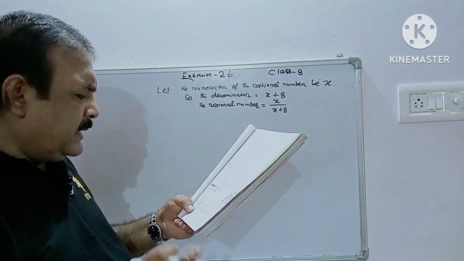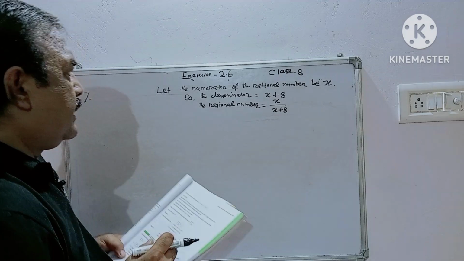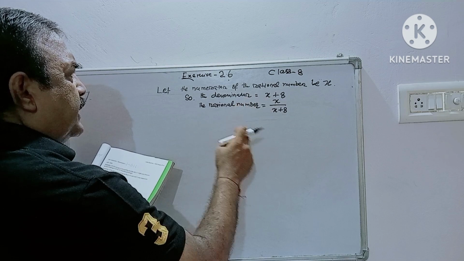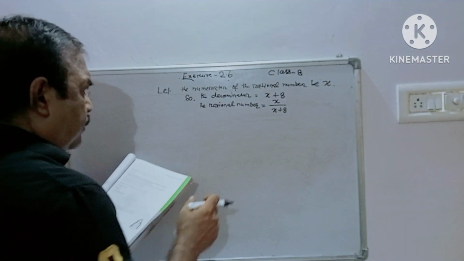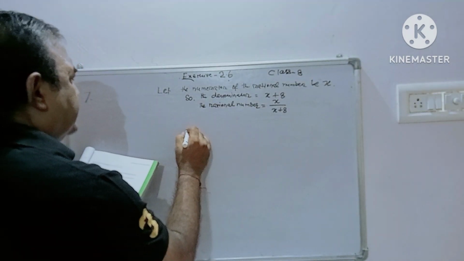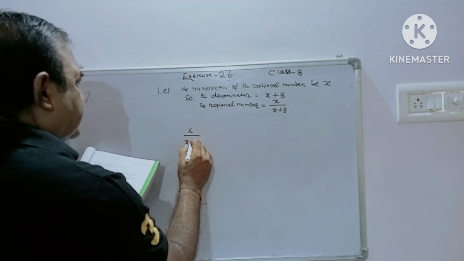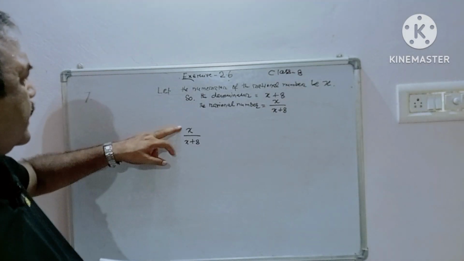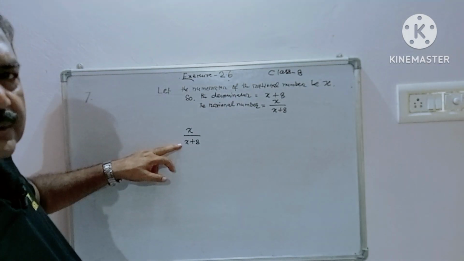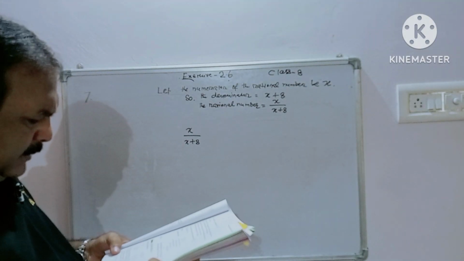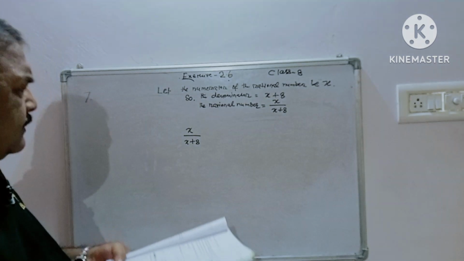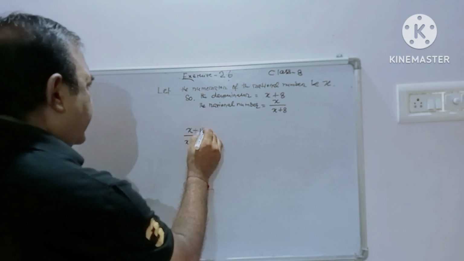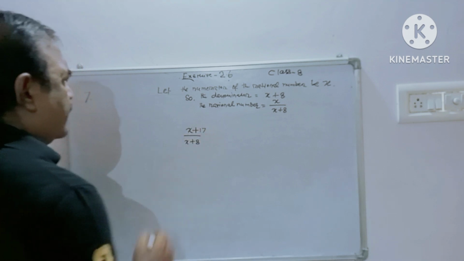If the numerator is increased by 17, what is the numerator here? The number is x upon x plus 8, with the numerator x and the denominator x plus 8. If the numerator is increased by 17, in place of x it will be x plus 17.